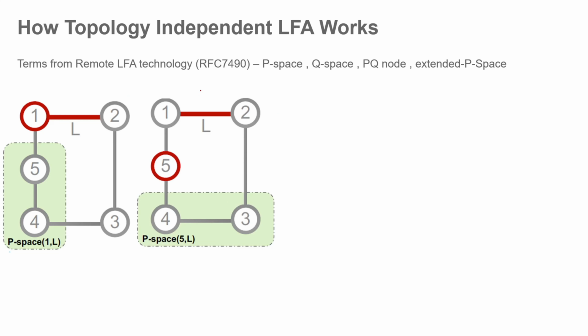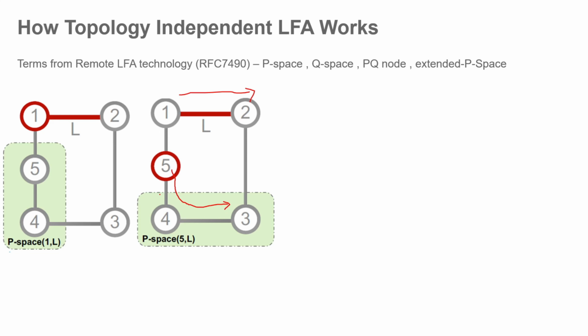Extended P space. So the PLR router will see to which routers its neighbor can reach without going over the protected path. So R5 can reach R3 without going via the protected path.